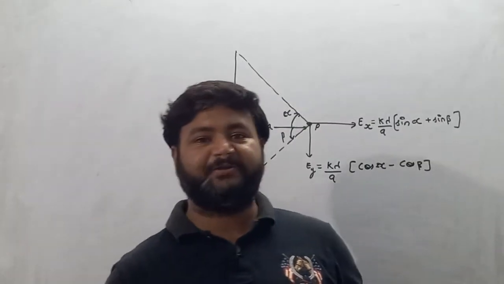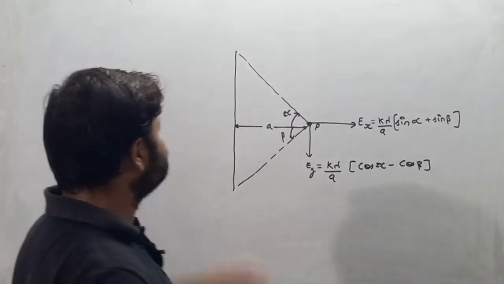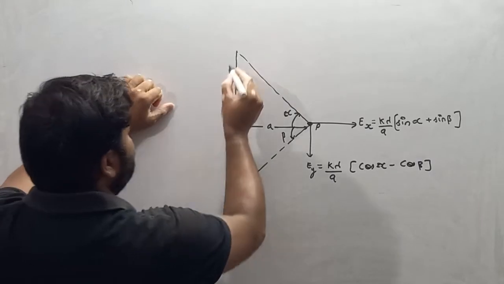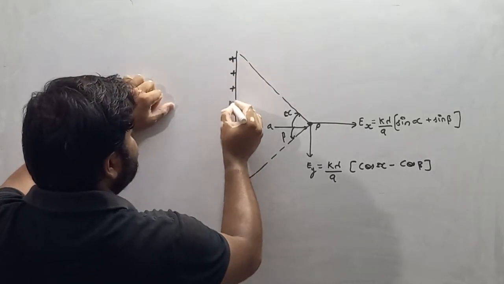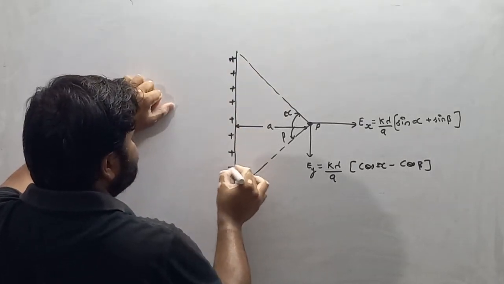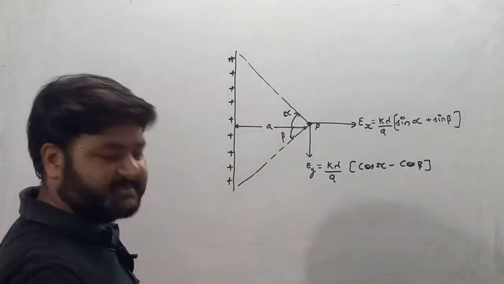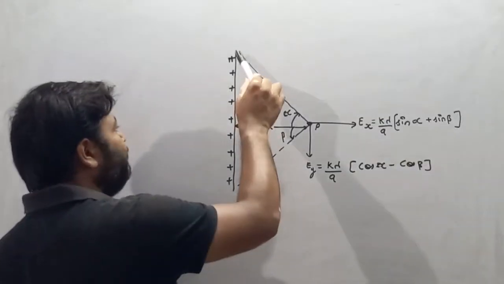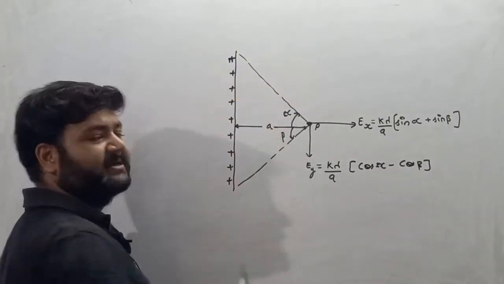Lambda is charge per unit length. Finite length wire means the wire whose length is finite and both ends of the wire are visible.